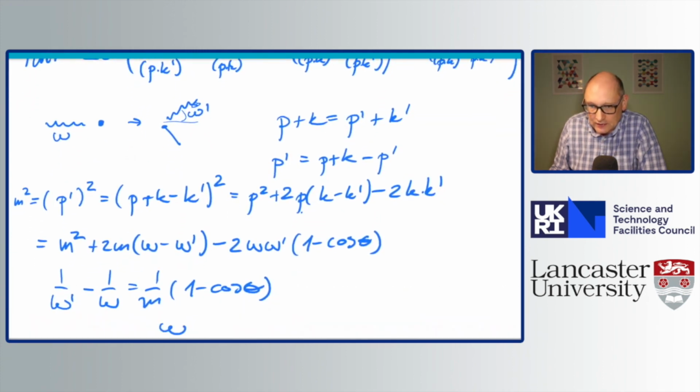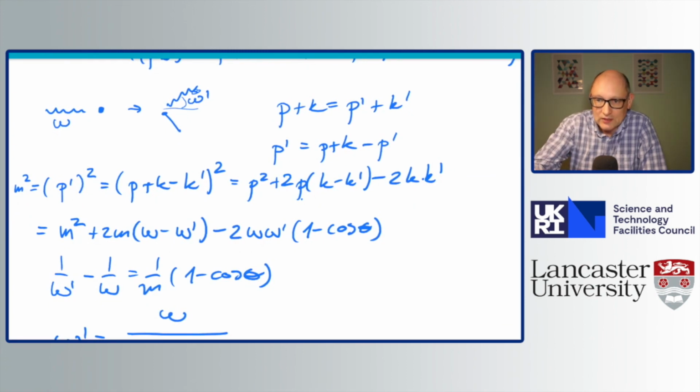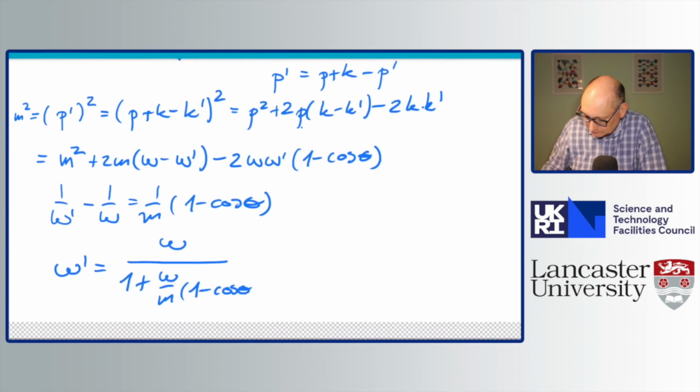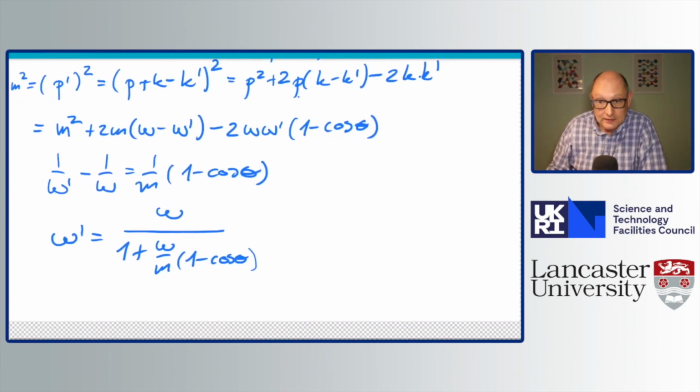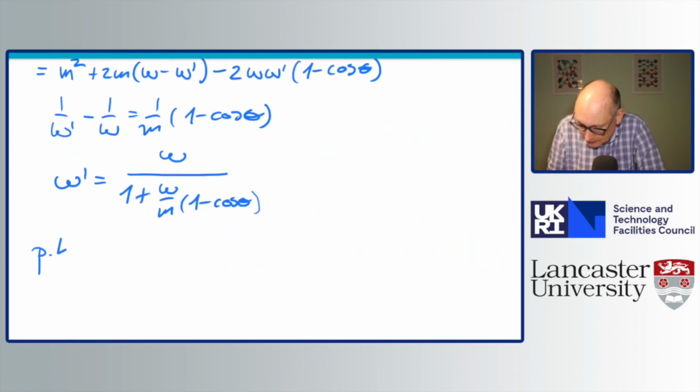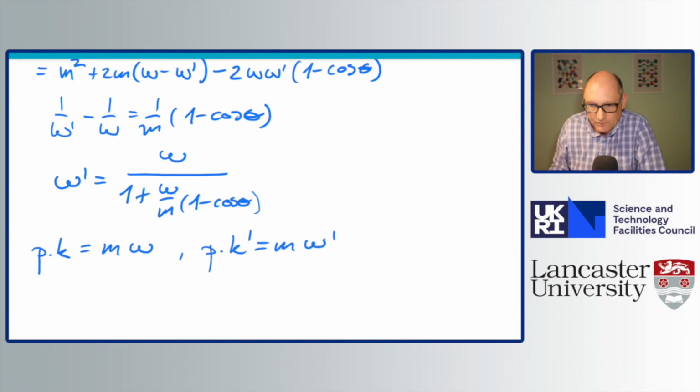Now, additionally, we can evaluate all the dot products in this M squared in this frame by seeing that, since the electron initially is at rest, P dot K is equal to m omega, omega being the energy of the photon, m the mass of the electron, and P dot K prime is equal to m omega prime.